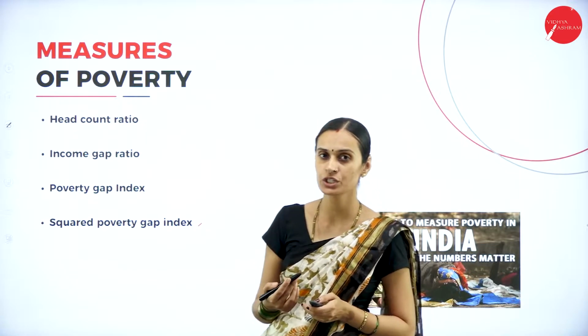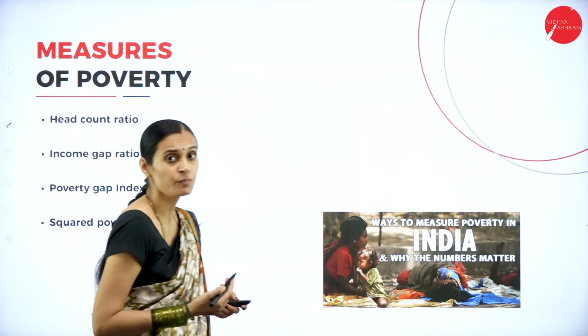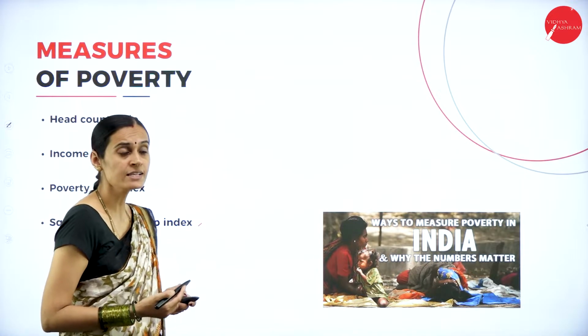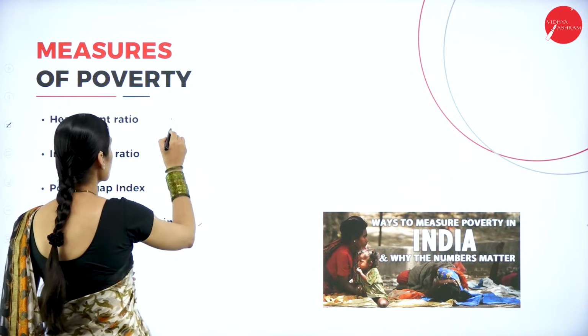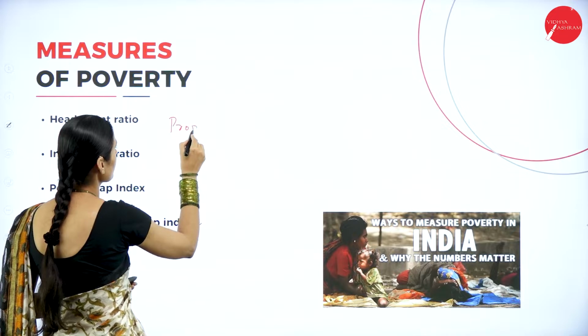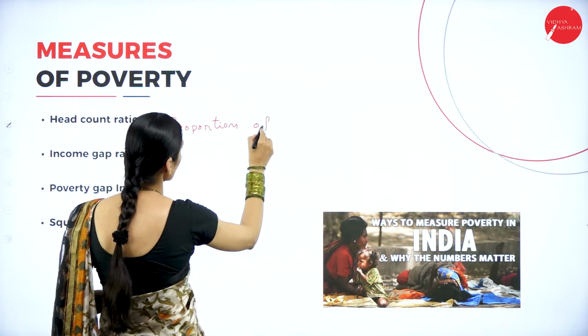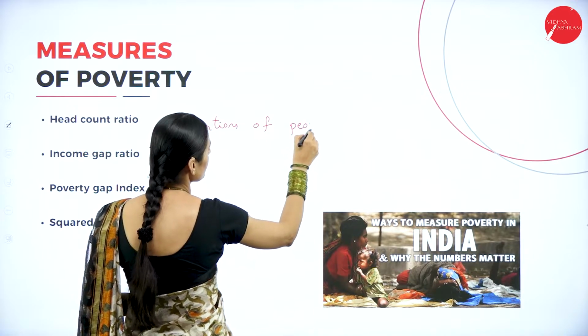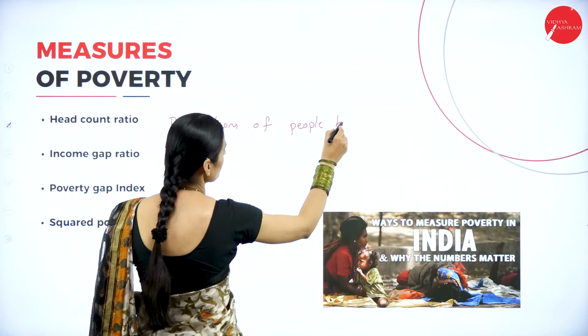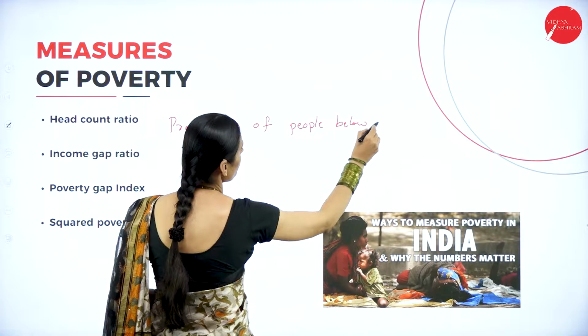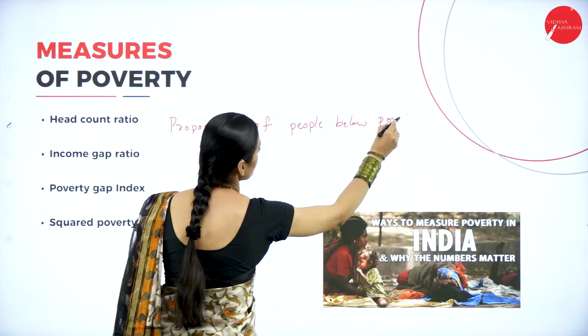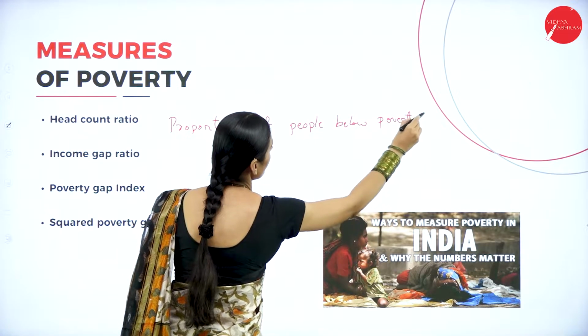According to the head count ratio, the number of poor is measured as the proportion of people below the poverty line.